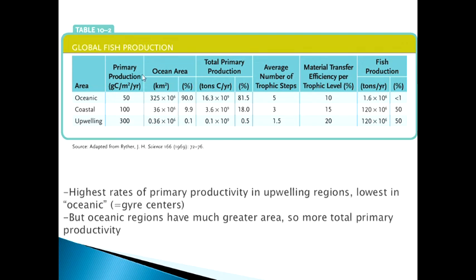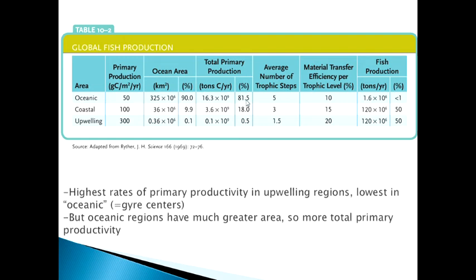If you then take the amount of primary productivity, factor in the area that's involved, and sum the total primary production over a year, so the tons of carbon, the open oceans still produce most of the primary productivity.